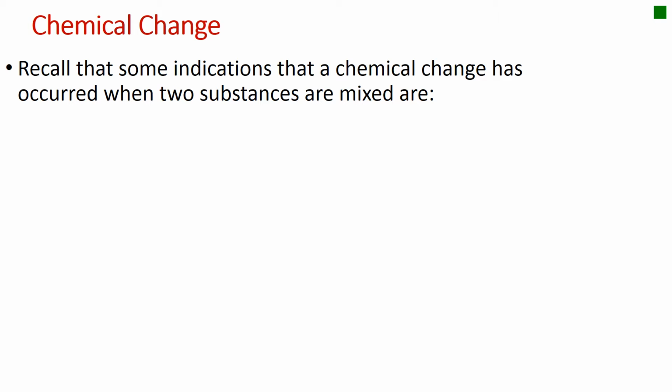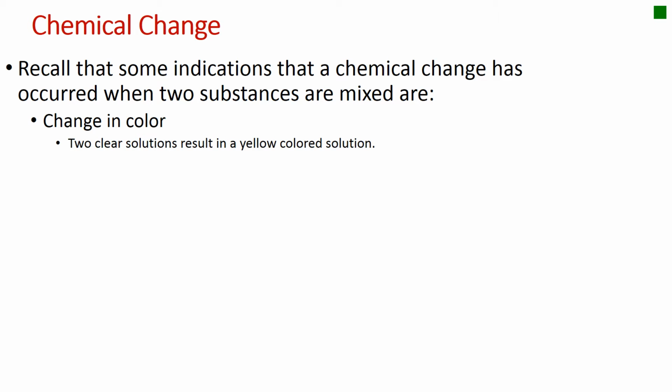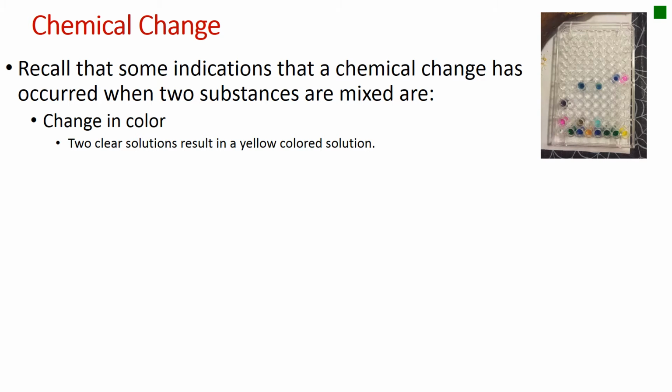Recall that some indications that a chemical change has occurred when two substances are mixed are a change in color, such as when two clear solutions are mixed, they result in a yellow colored solution. And I just put a picture up there of some of the examples from the observation lab.